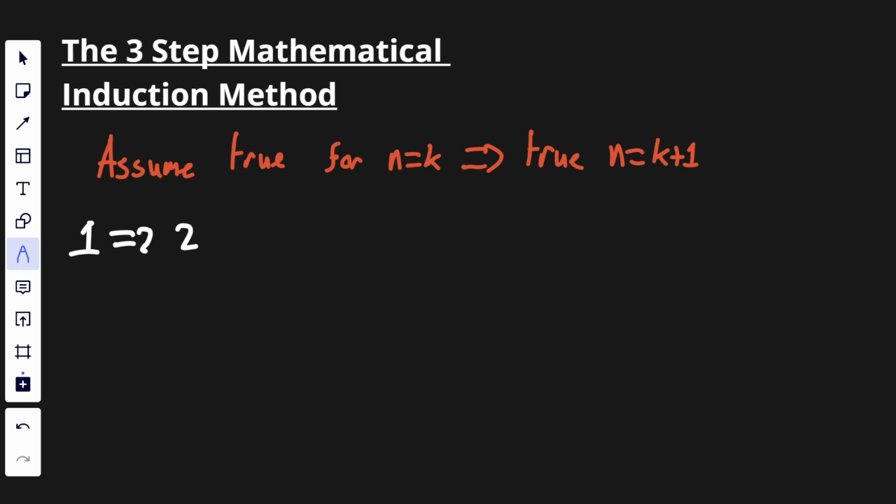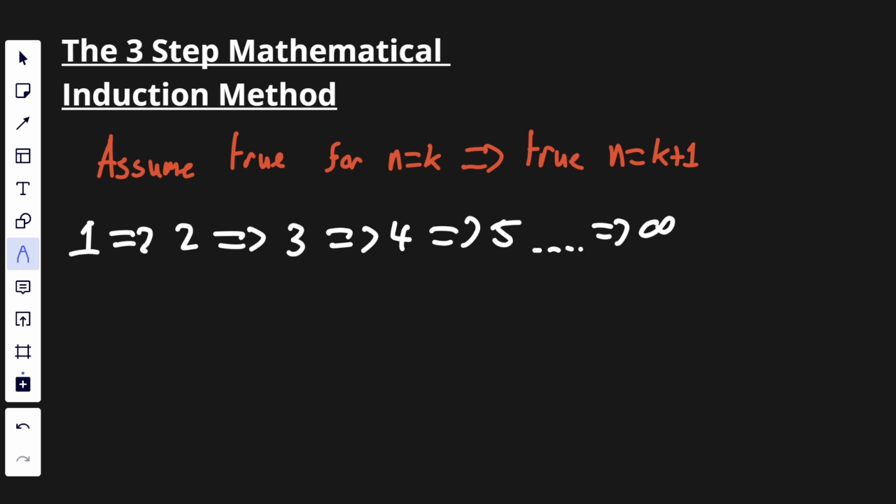We've shown that whenever it's true for k, it's also true for the number after k. Well, in this case, k is 1. Now we've got k is 2, so it must be true for k plus 1, so 3. We get 4, 5, and we get this infinite domino effect up to infinity. So really powerful technique. This is the whole idea.